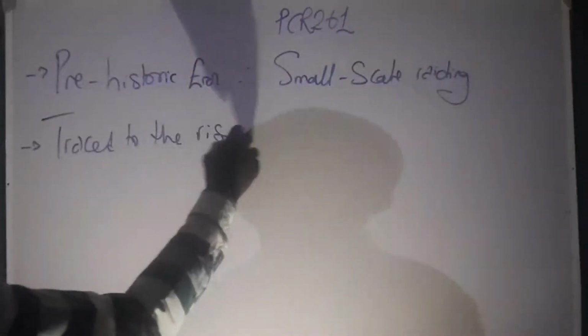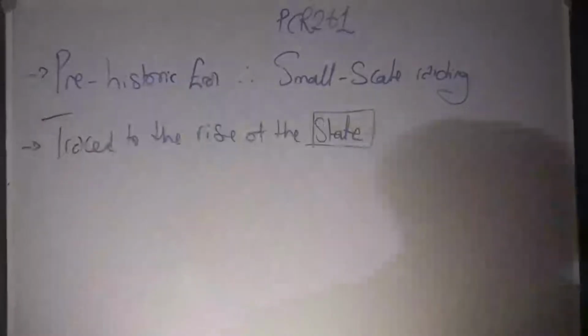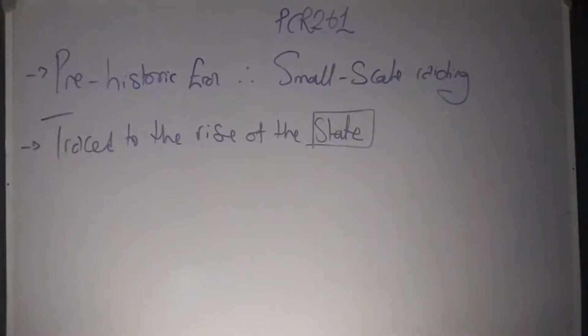And over time, it grew into a thing of states. We're being told that this is traced to the rise of the states. Now, let's underline state for now. We are coming back to that.